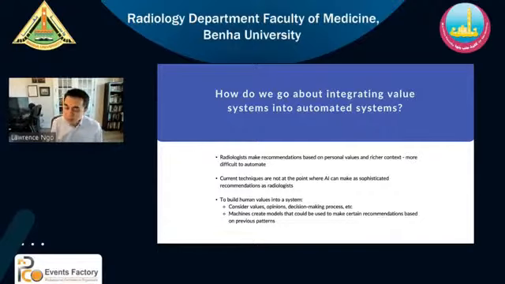That means there would be a different algorithm for every single radiologist. That can provide some difficulty in terms of generalizability and uniformity, but at the same time, that could be a way in which we could address some of the issues where we have more difficulty applying value systems in particular.